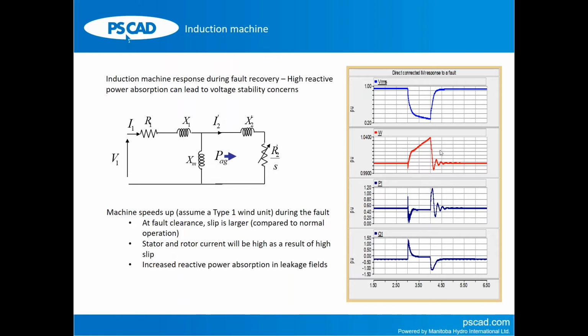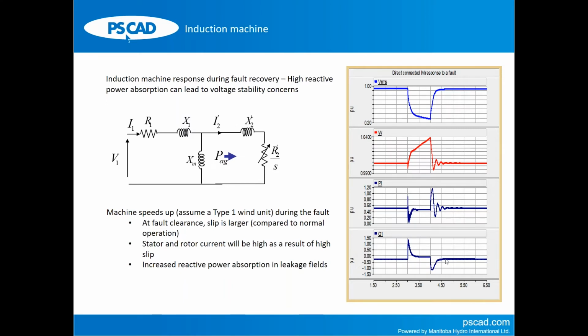So at this point, when the system is trying to recover, because of this slip increase and the resulting decrease of this effective resistance, reactive power consumed by the leakage fields will increase significantly, as you can see here.